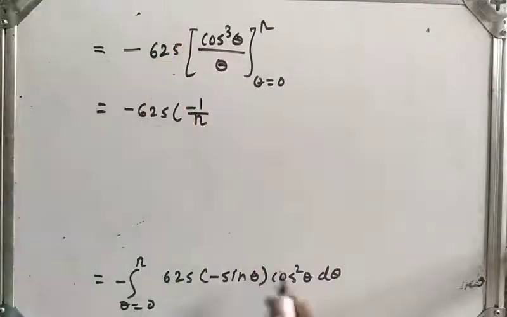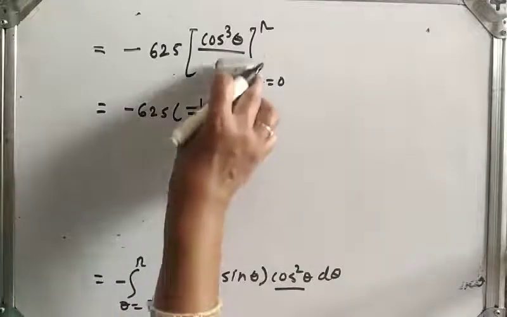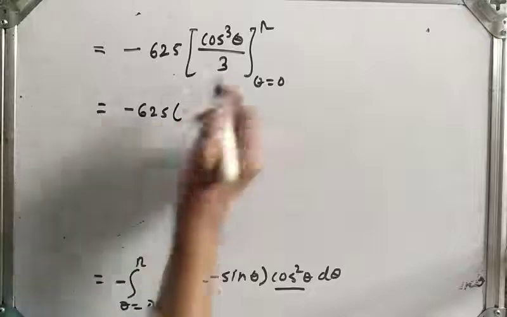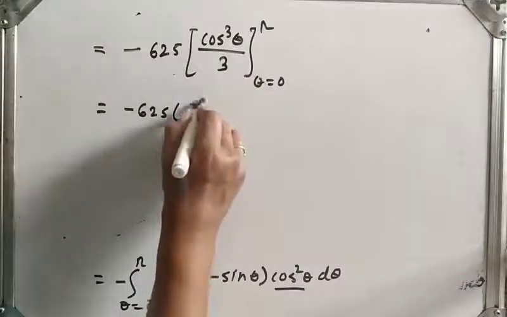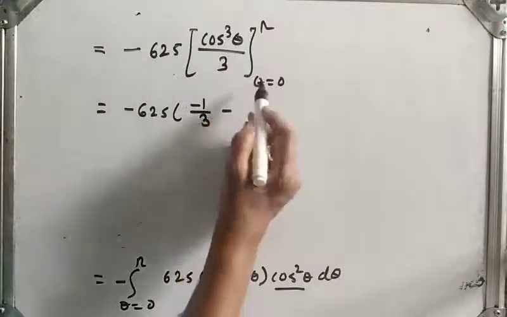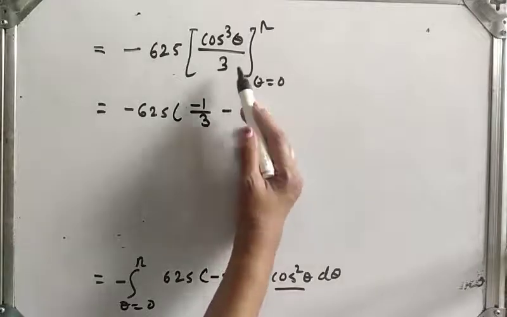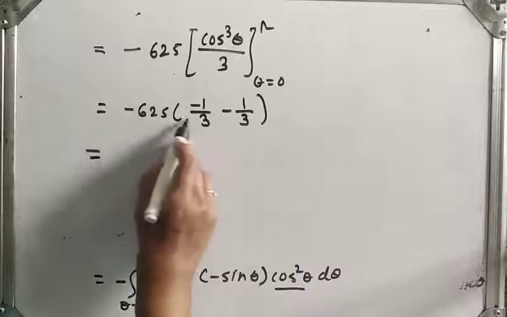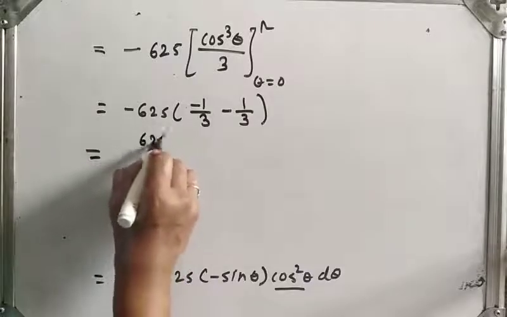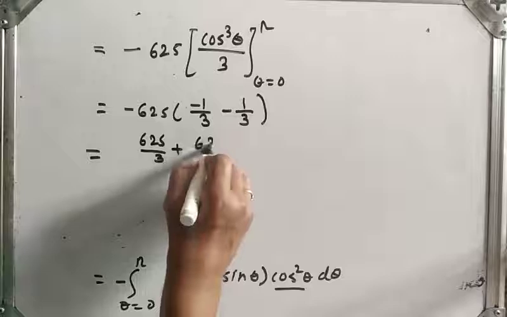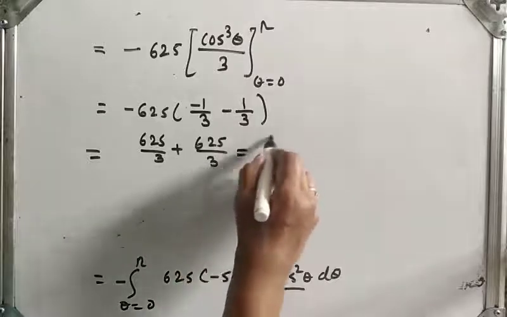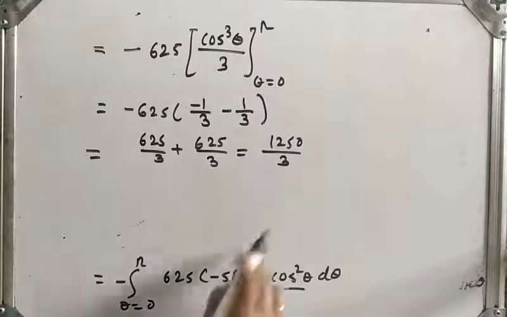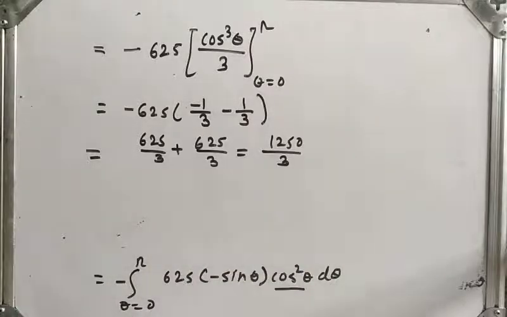Sorry, here is its integration, cos square theta, it is cos cube theta upon 3. Okay, so cos pi is minus 1, cube minus 1 upon 3, minus cos 0, that is 1 cube, 1 upon 3. So it is minus minus plus 625 upon 3 plus 625 upon 3, that is 1250 upon 3. Okay, our answer is 1250 upon 3.